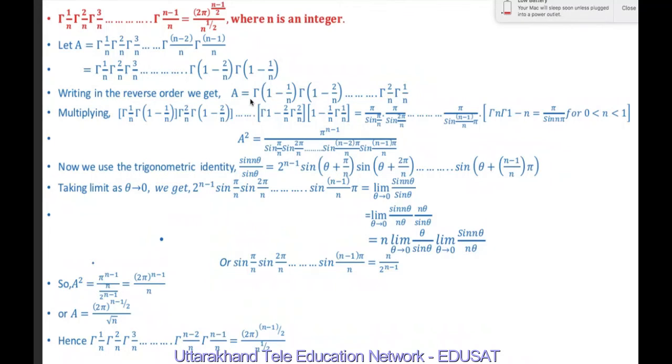So if we multiply π, n minus 1 times, because these are n minus 1 terms, we may write π raised to n minus 1 in the numerator, and in the denominator sin(π/n), sin(2π/n), up to sin((n-2)π/n), sin((n-1)π/n).